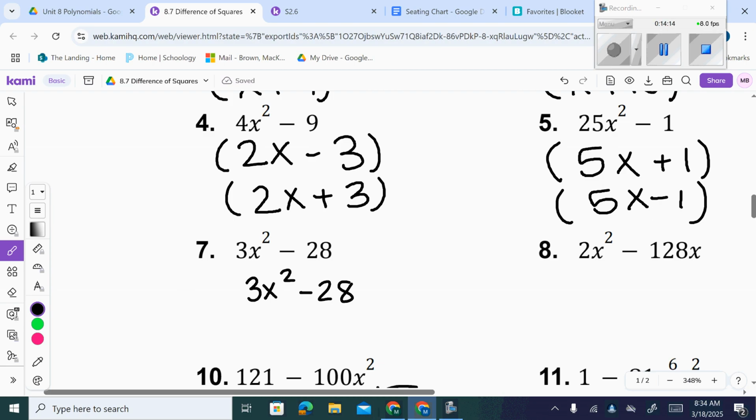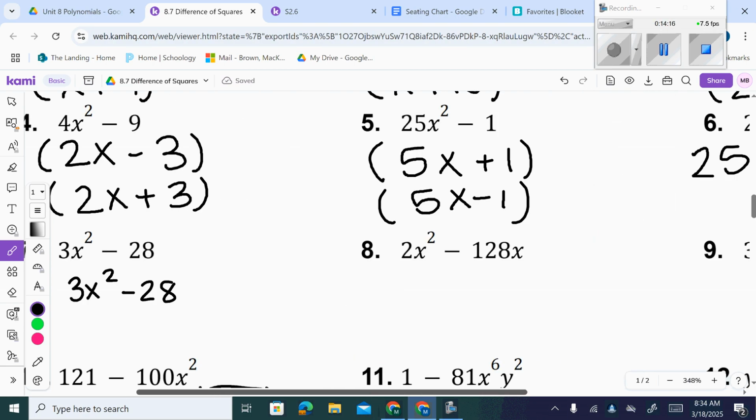Alright, let's talk about 8. Can you do difference of squares on 8? Are they both perfect squares? Is 2 a perfect square? What times what gives you 2? 1 times 1 is 1, so 2 is not a perfect square. Great job.